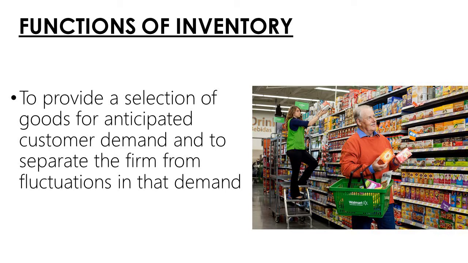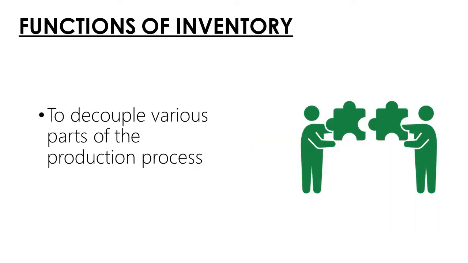The first is to provide a selection of goods for anticipated customer demand and to separate the firm from fluctuations in that demand. Such inventories are typical in retail establishments. Number two, to decouple various parts of the production process.